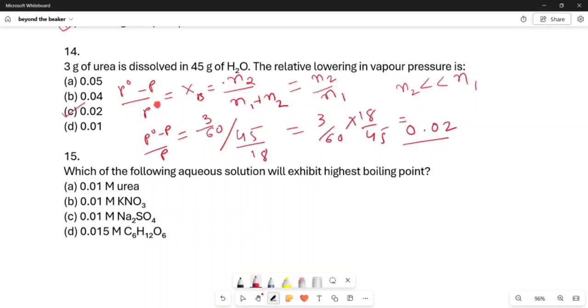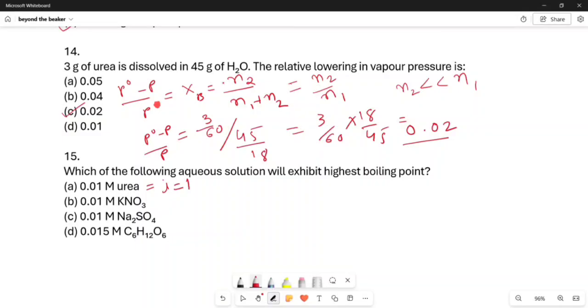Next, we move to question number 15. Which of the following aqueous solutions will exhibit the highest boiling point? For this question, we have to calculate the Van't Hoff factor i. In option A, 0.01 molar urea. Urea does not undergo either association or dissociation. Here i is equal to 1.